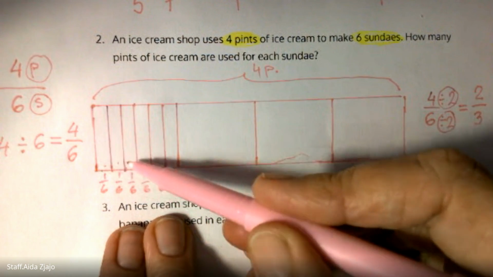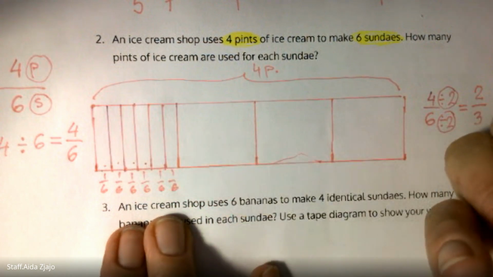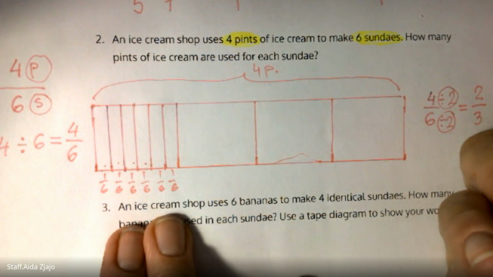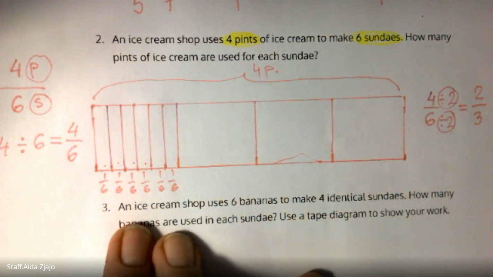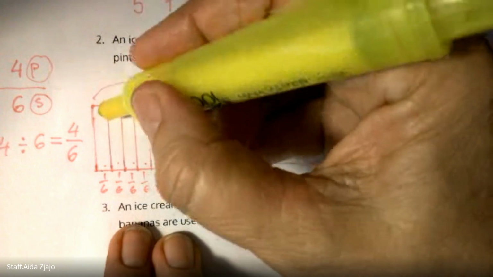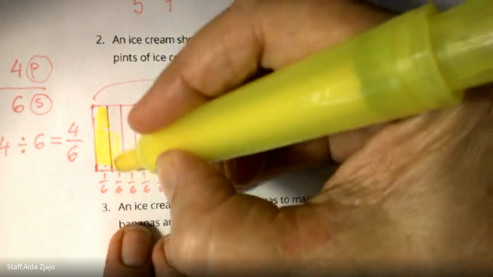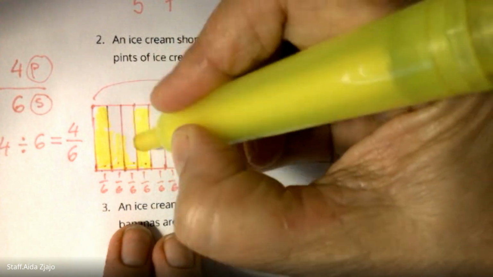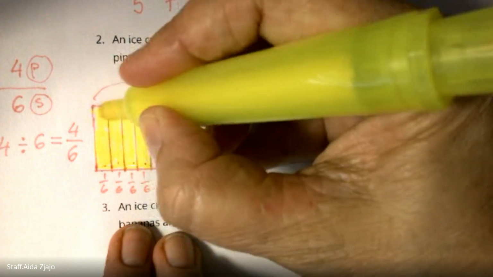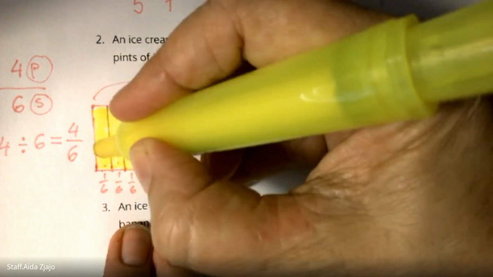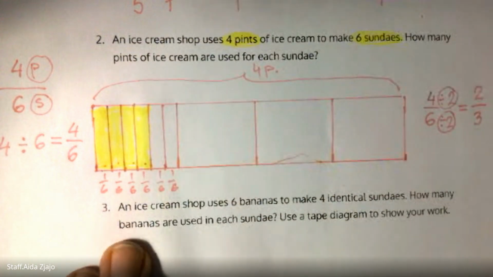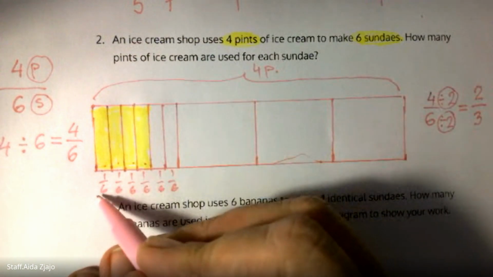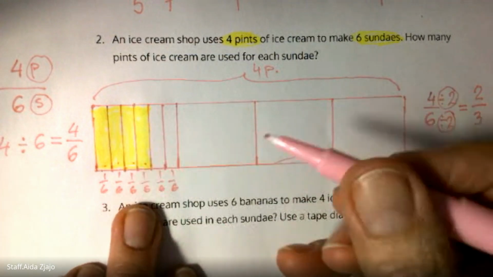So 1, 2, 3, 4/6 will be one ice cream. If I highlight that, this is how much will be taken to make one ice cream. 4/6 makes one ice cream.